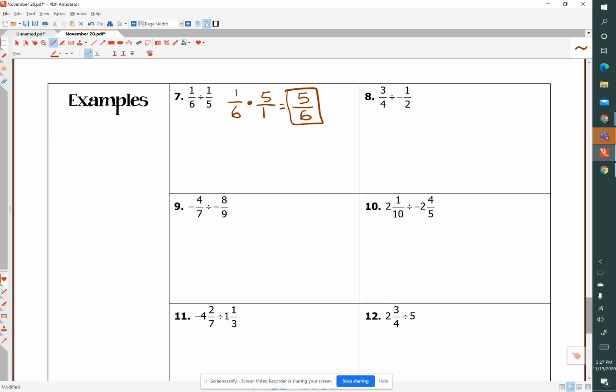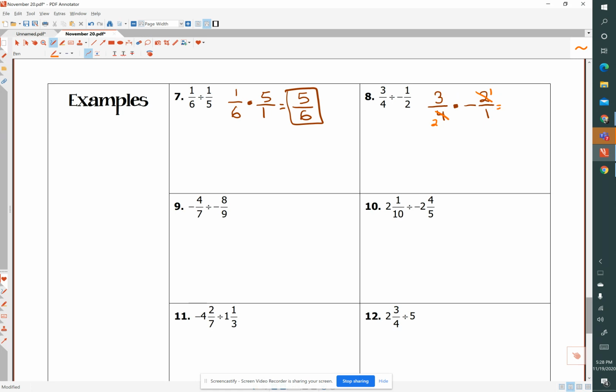So now we have 3/4 divided by -1/2. So we rewrite that as 3/4 times negative, still negative, we don't change that, but we do find the reciprocal, which is 2/1. Now we have an opportunity here to cross simplify. So 2 divided by 2 is 1, and 4 divided by 2 is 2.